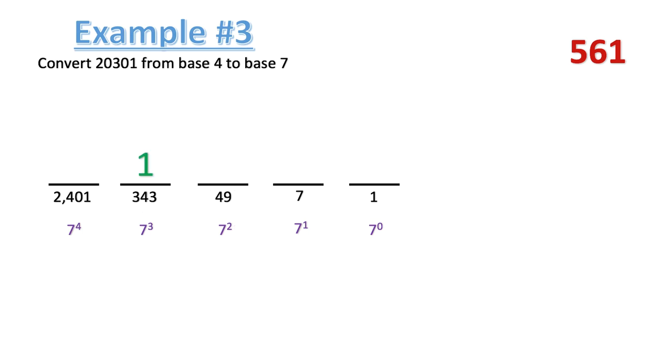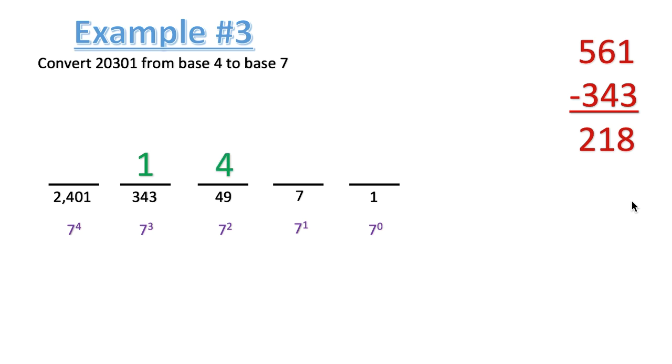Well, we can only fit one of those in. 2 of them would take us past 561, so we can only fit one of those in. Now let's subtract 343 from 561 to see how much further we have to go. That gets us 218. Okay, so now we get to the 49 block. How many 49s can we fit into 218? Well, 49 is close to 50. 50 times 4 is 200, so it's going to be 4. And now 4 times 49 is 196.